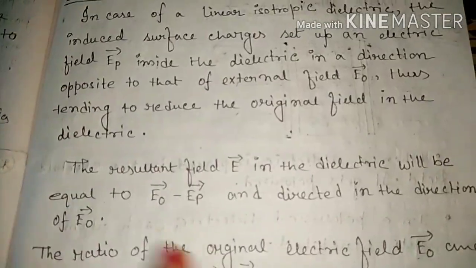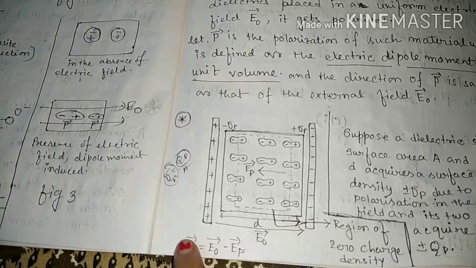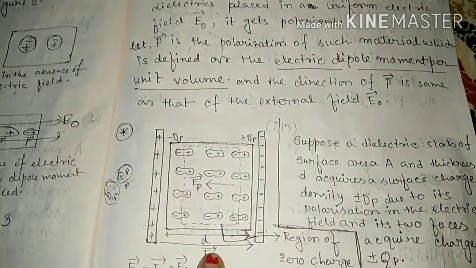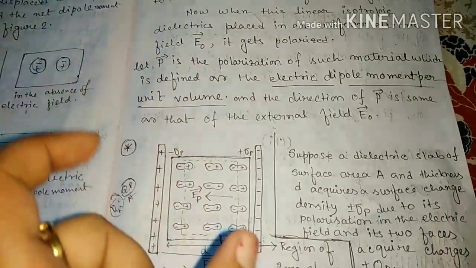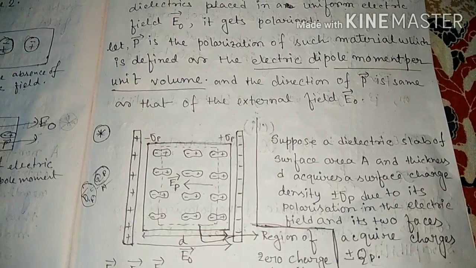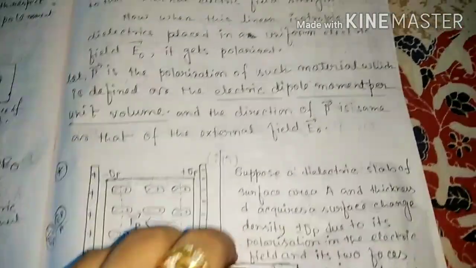So the resultant electric field is E0 minus EP, and this E is directed towards the external electric field, because E0 is maximum. Whatever value we get from E0 minus EP, the direction of this resulting electric field is towards E naught, the external electric field.